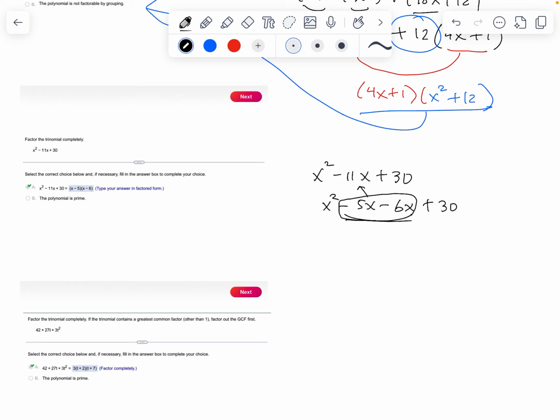So from here, I'm still saying that despite rewriting my negative 11x as negative 5x minus 6x, if I still have to combine both of them, it will still bring me back to negative 11x. So I'm good.